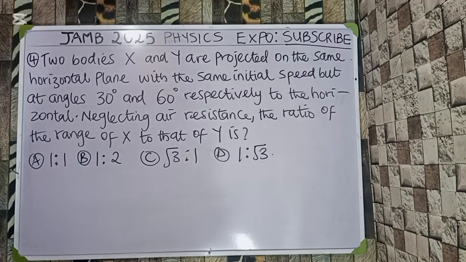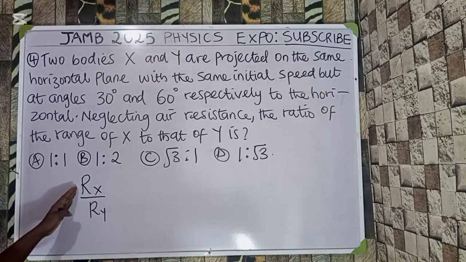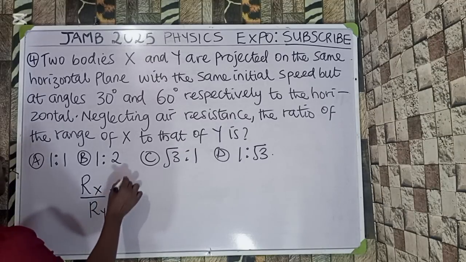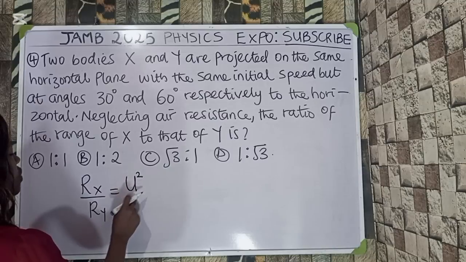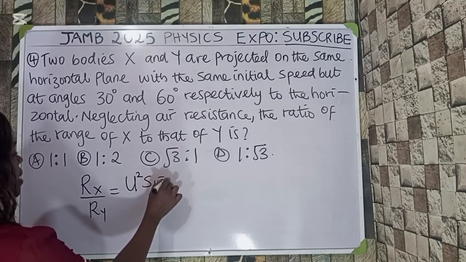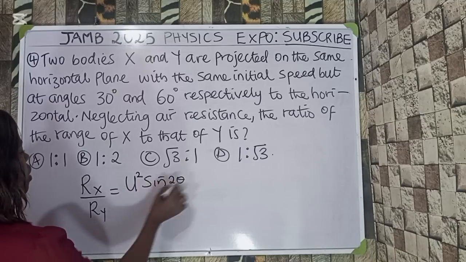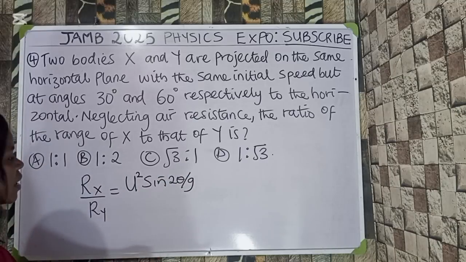Now look at it. Before we can solve this, we are talking about the range. They said that we should find the ratio of the range Rx to Ry. And what is range? Range is equal to u square sine 2 theta all over g.